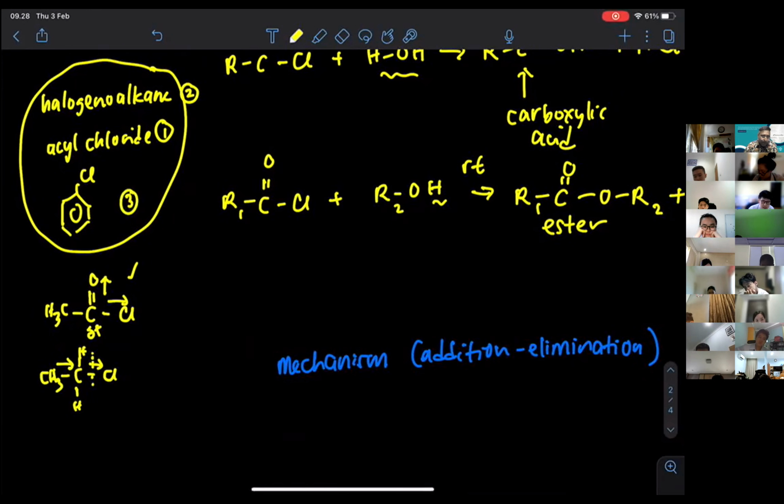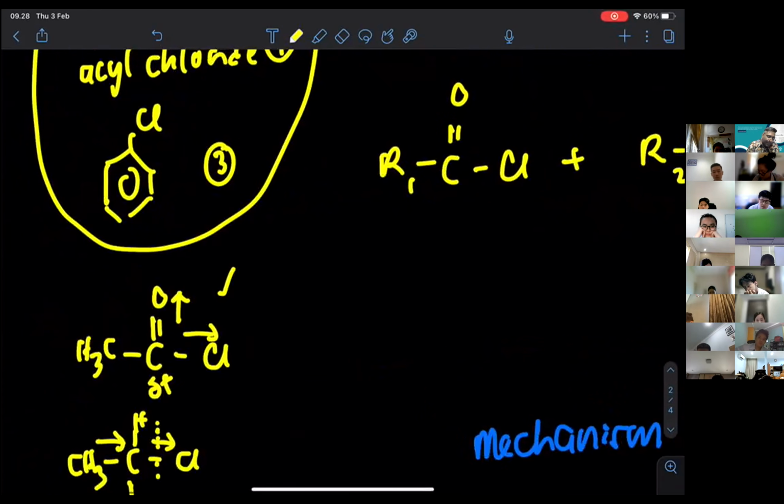Why? Remember, Cl, just like I told you, is an electron withdrawing group. But when it comes to benzene, the lone pair of electrons is going to overlap with the pi bonding system. When there is overlap, what happens?